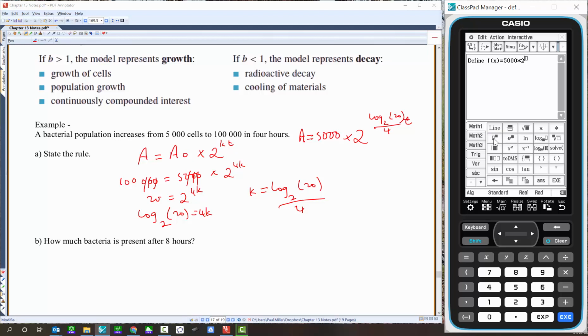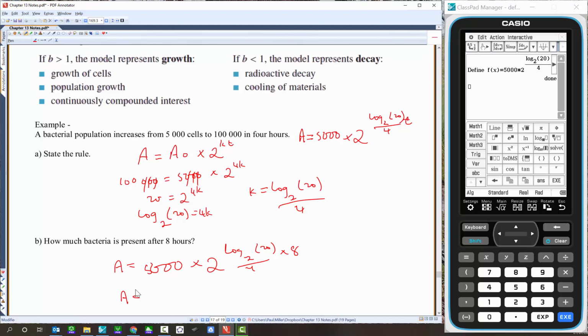So it's 2 to the, and we're going to say that this is a fraction, so we say shift divide and write this as log base 2 of 20 all over 4, and this is multiplied by x, or t in the case of the question. So to do this next question, I'm going to simply write it as A equals 5,000 multiplied by 2 to the log base 2 of 20 over 4 multiplied by 8.